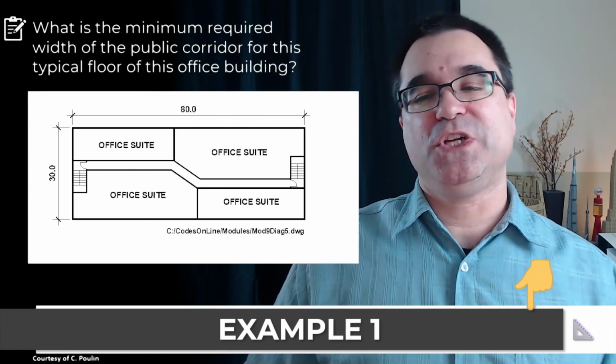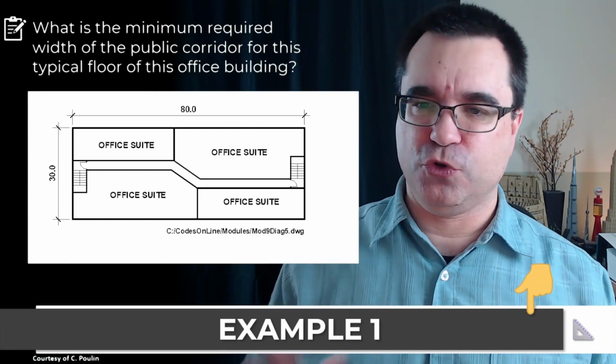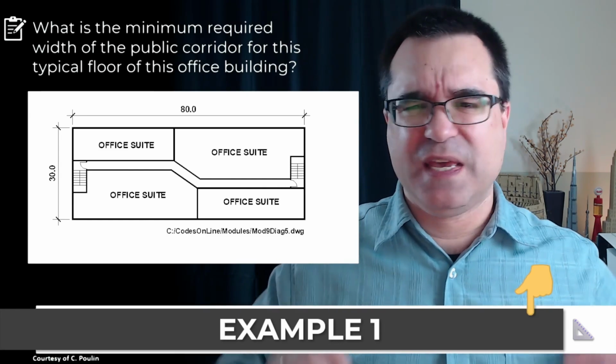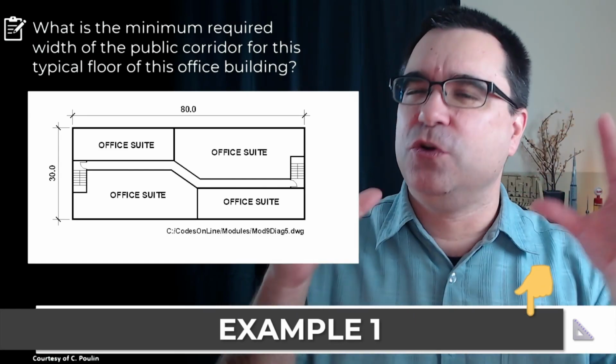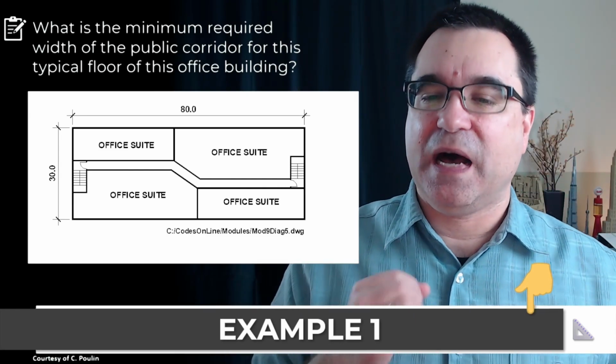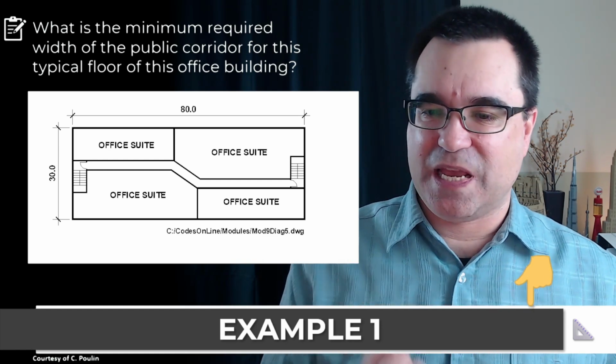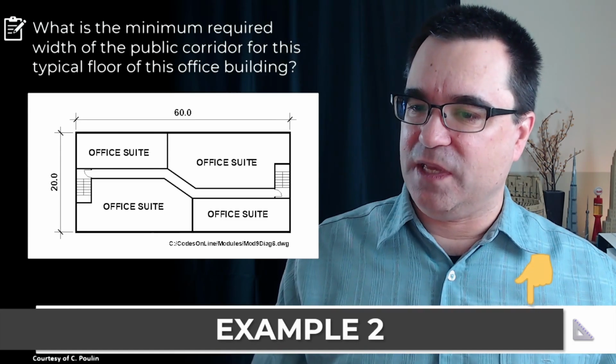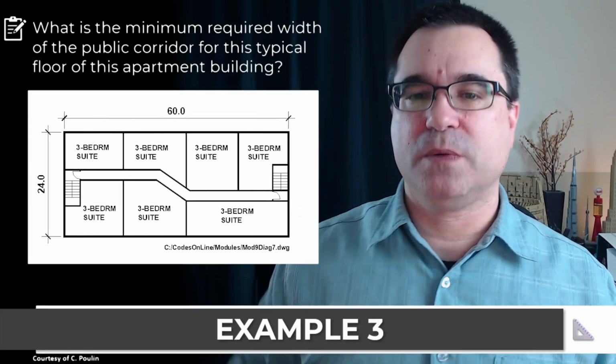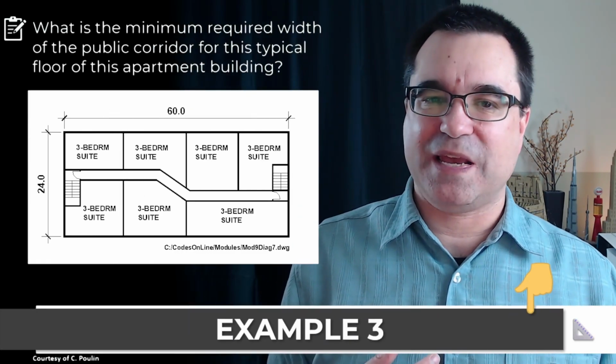We've reached the part where I want to do some examples for you, but I won't do it in this video, I don't think, because that's going to make this video too long. So instead, I'm going to include links in the description below to those solved examples, example 1, 2, and example 3.